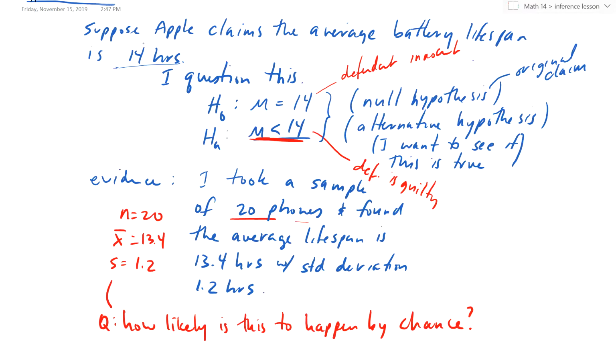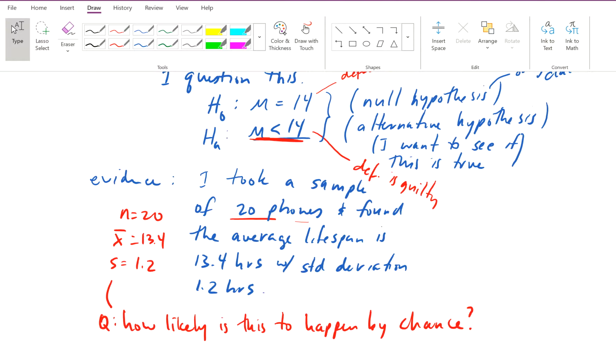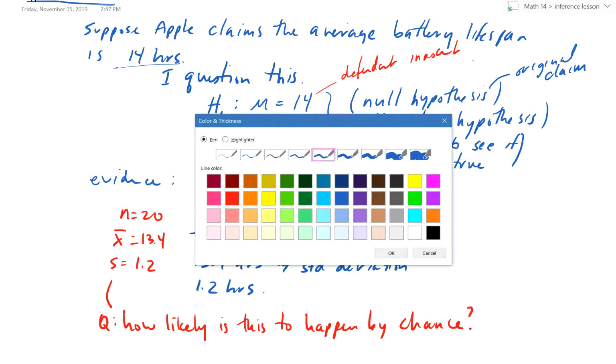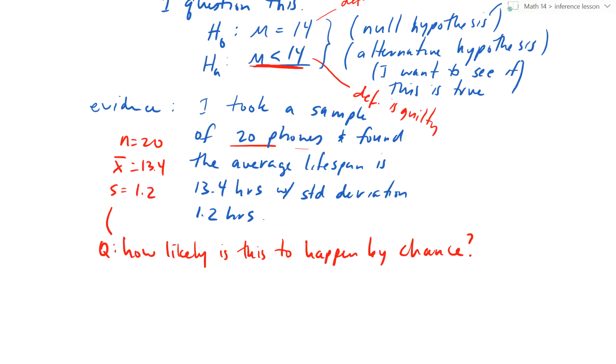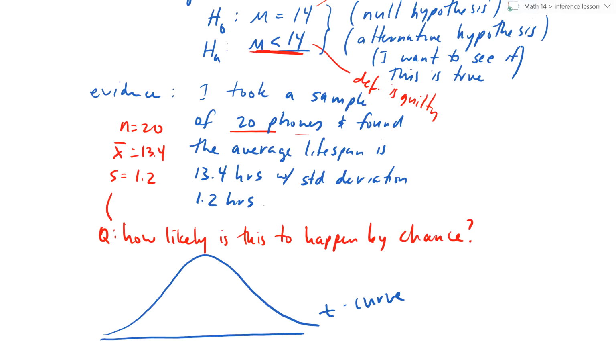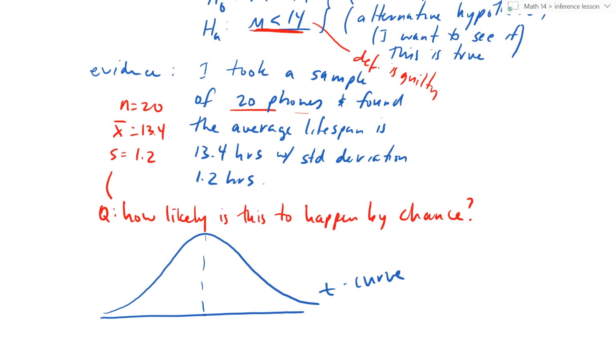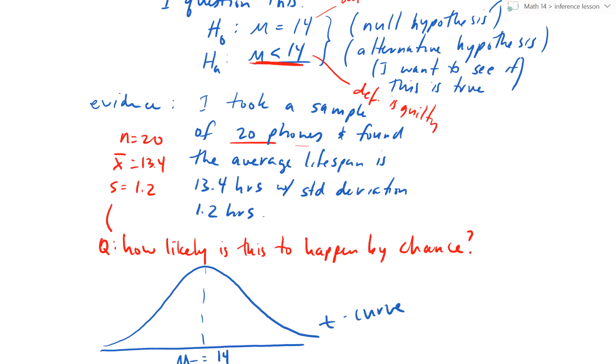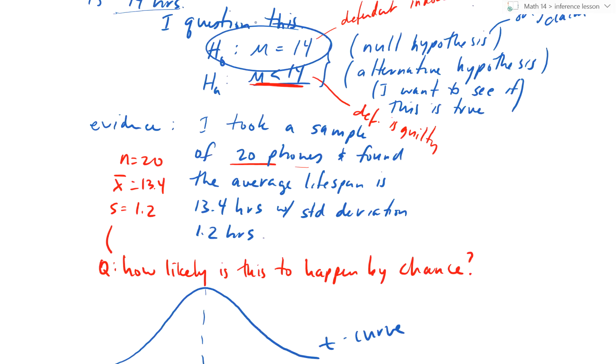In order for me to look at this, I have to look at the sampling distribution. This is my t-curve from video 2. The mean, we're assuming it's 14, because that's what we're starting with.